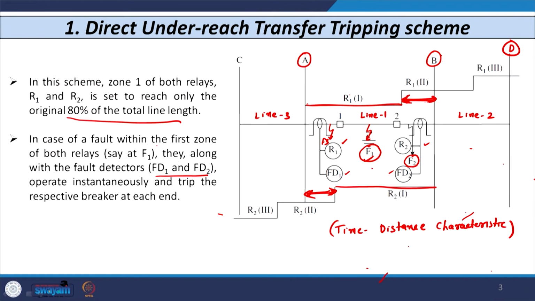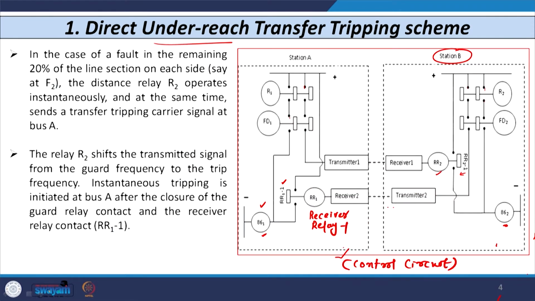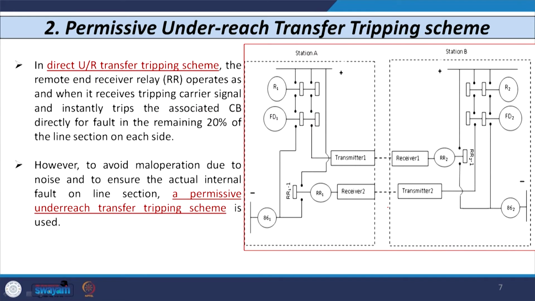As we have discussed, the first zone of relay R1 covers 80%, and the first zone of relay R2 covers 80%. This remains the same in the permissive underreach transfer tripping scheme.